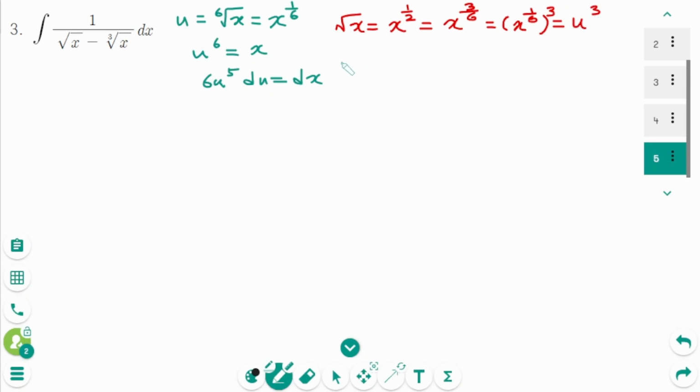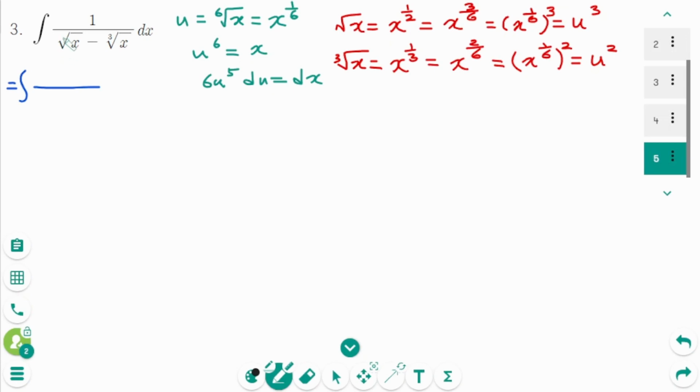Now cube root of x equals x to the power of 1 over 3. We can rewrite as 2 over 6, x to the power of 1 over 6, then squared, so u squared. Back to the original, the integral of square root of x, which is u cubed, minus cube root of x, which is u squared.